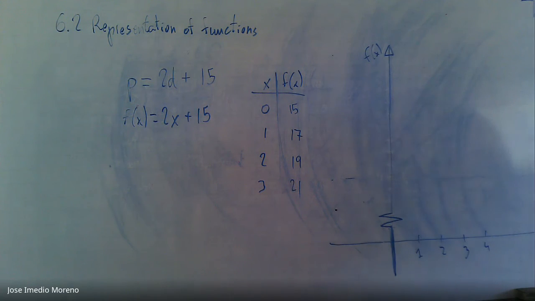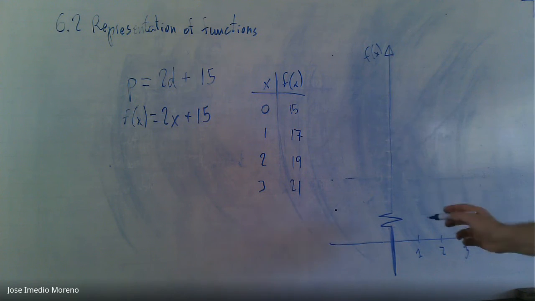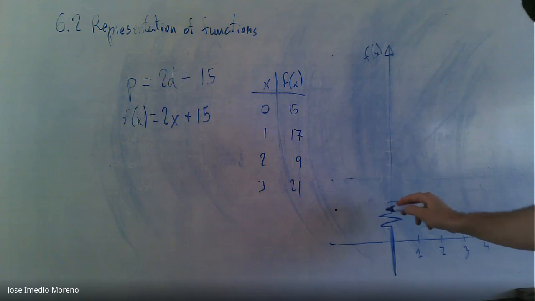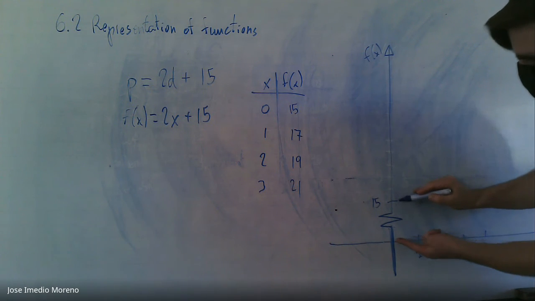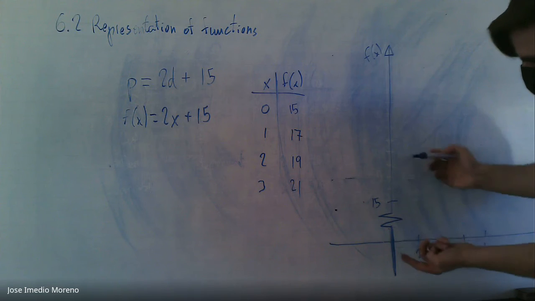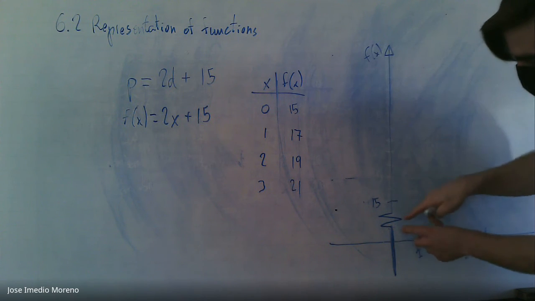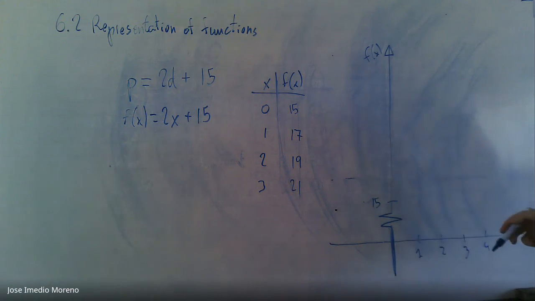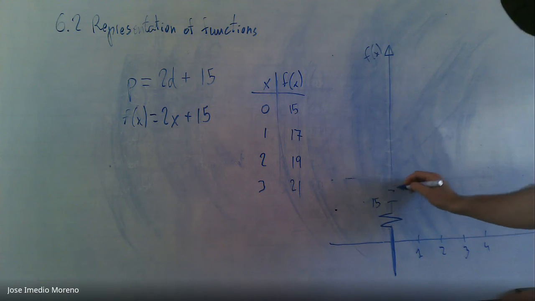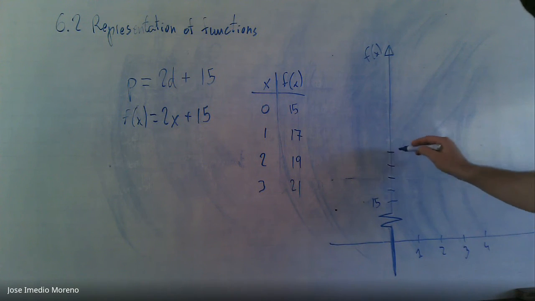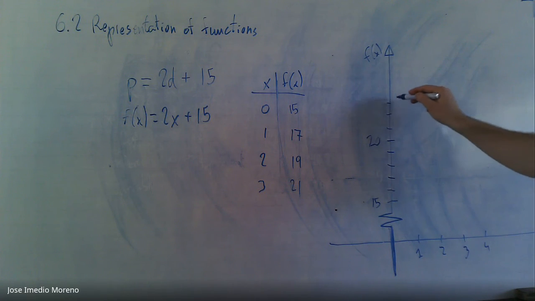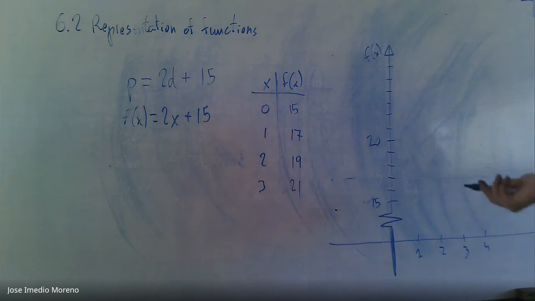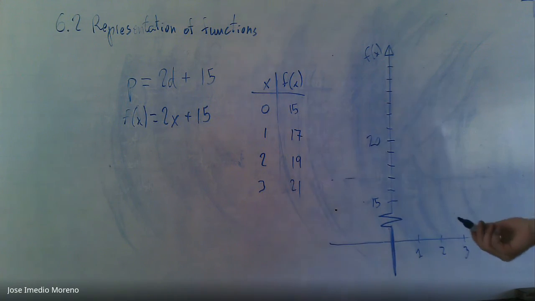If I compress the axis, I can start here, for instance, by putting the 15 here. Perfect. This distance is compressed, and I'm indicating that here. So I can start by 15, 16, 17, 18, 19, 20, and so on.